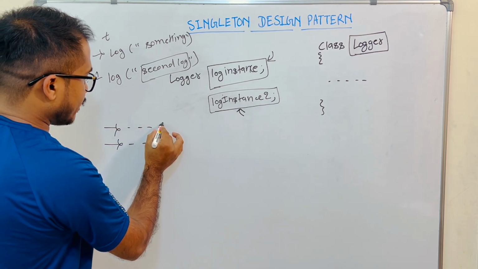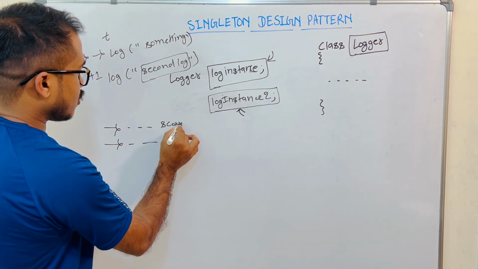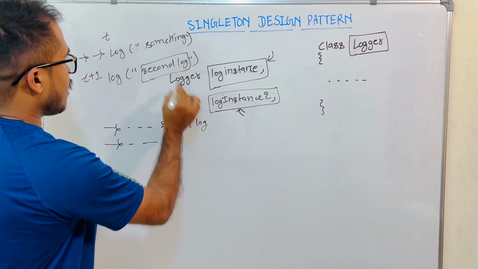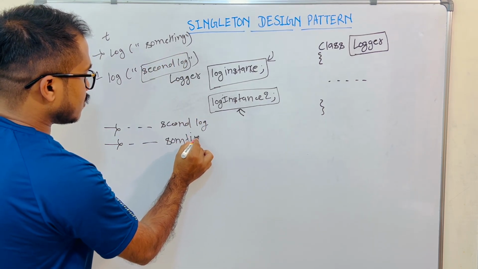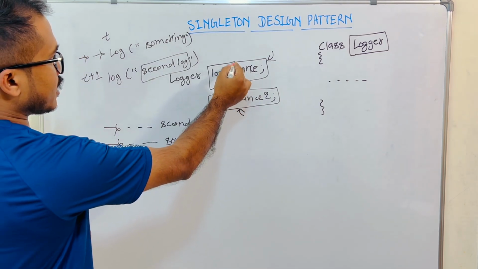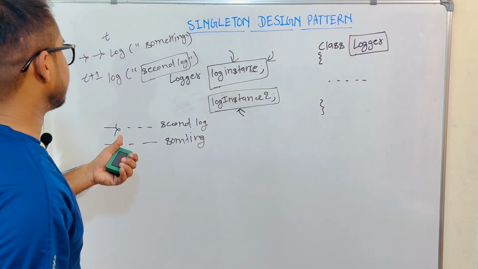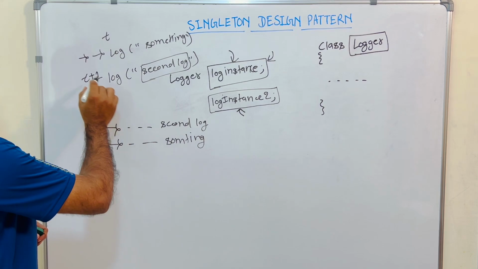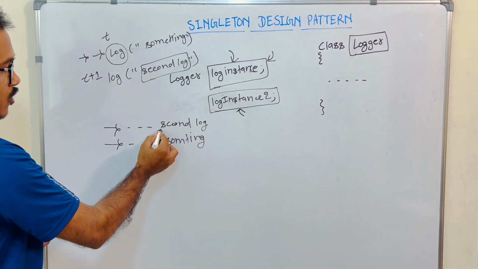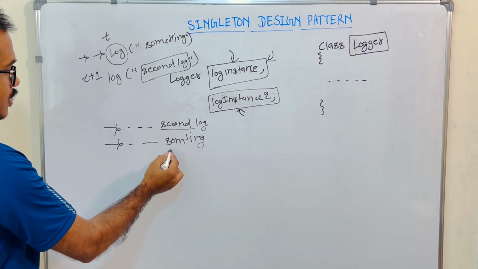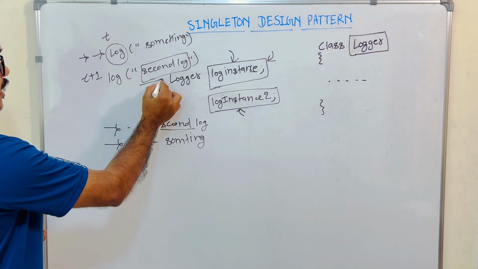So what happened is, the second log got logged first, and the first log got logged at a later point in time by the other instance. Ideally, the log which came at time t should get logged first, and then the second log.